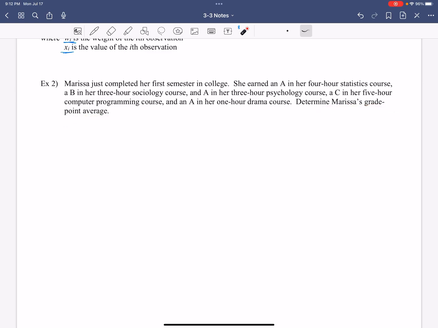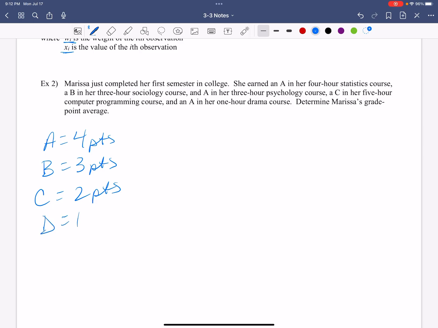All right. So first and foremost, we have to figure out what the weight is, what is represented here. So just in general, A is 4 points on a scale, right? B is 3 points. A C is 2 points. A D is 1 point. And an F is 0 points. All right.